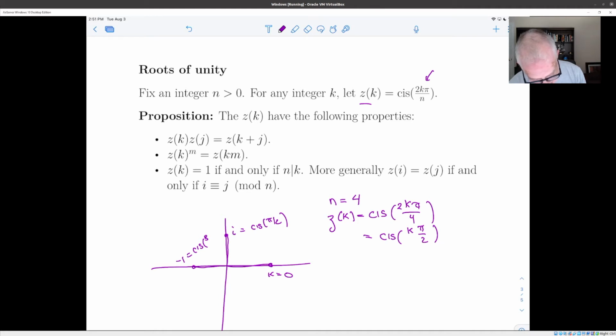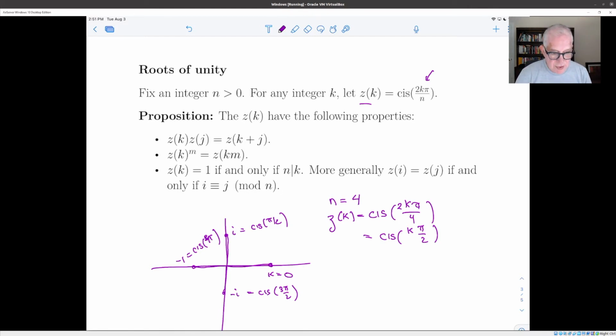And then finally there's minus i, which is cis of 3 pi over 2. And you notice that even though I've defined z of k for any integer, in fact, if n is 4, then as k goes around, there's really only 4 different ones. And if n is 6, there's only 6 different ones, and so forth.